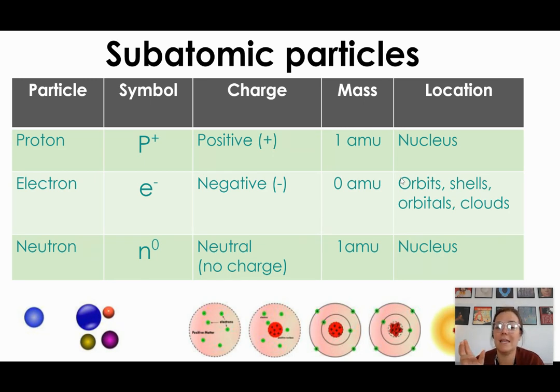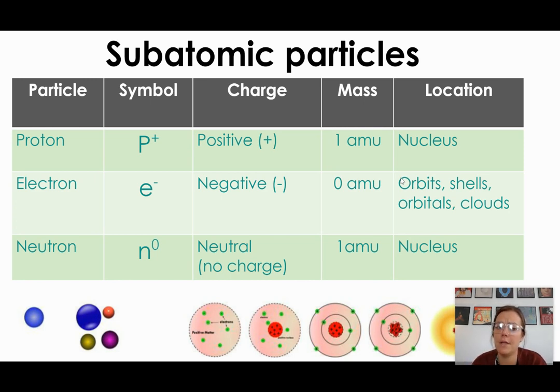So if something has 6 protons, that means that atom is carbon. If it has 1 proton, you're talking about an atom of hydrogen, because all hydrogen atoms, no matter what other forms they might be in, have 1 proton.